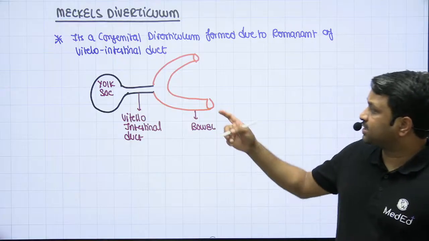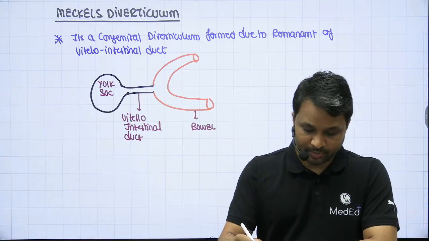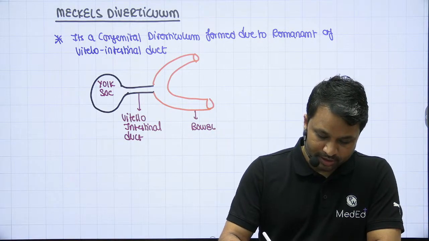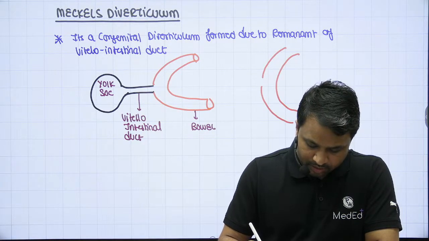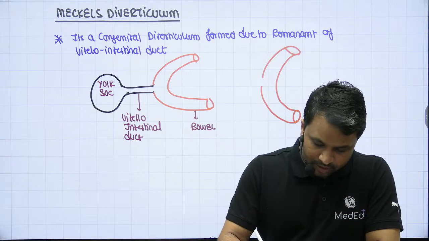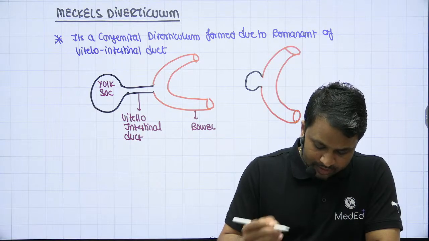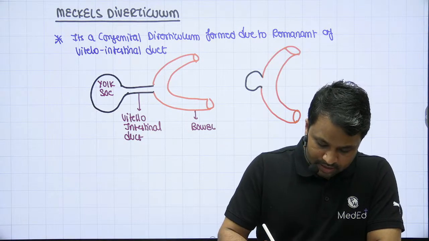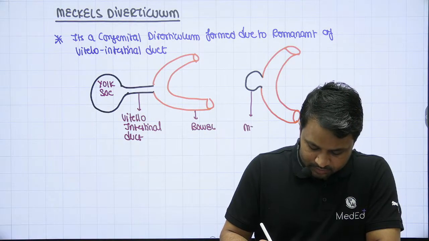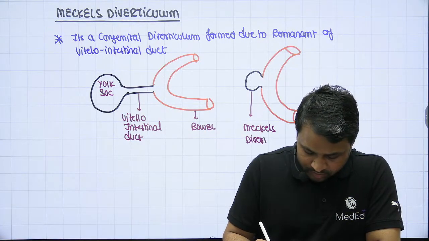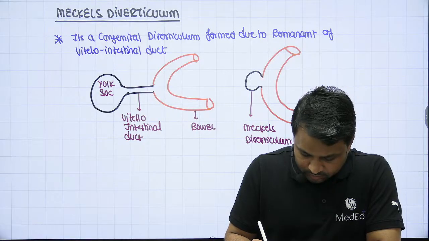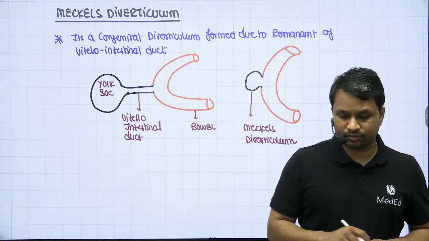Normally, the yolk sac and vitelo-intestinal duct should disappear. In a few patients, this persists. So the persistence of the vitelo-intestinal duct on the bowel segment is what we call the Meckel's diverticulum.